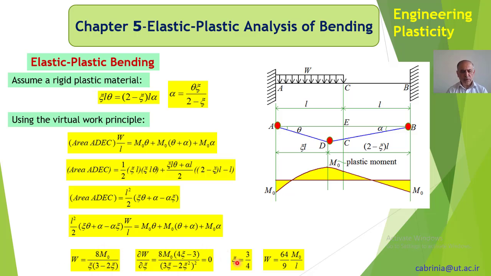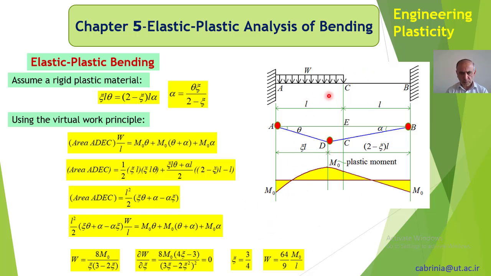We get xi equal to 3/4, and w becomes 64/9 MO over L. So xi L is 3/4 of L in here. Since L is known, point D is known, and substituting back in here, we get w equal to 64/9 MO divided by L.